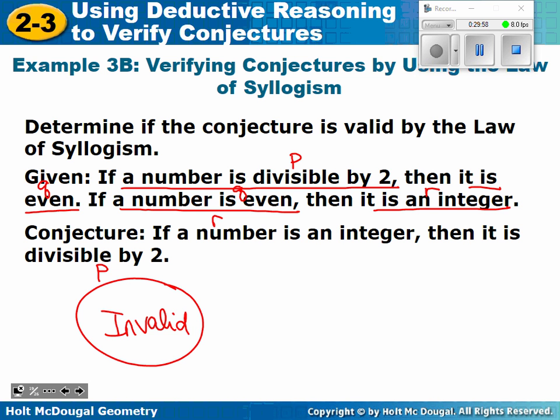Making sense? Sort of? Okay. Here's what I want to warn you about. They won't always line up your sentences where the Q's are side by side. Sometimes they do this. They say, if Q, then R. If P, then Q. So what you have to do when you read that is identify where the parts are that are the same, the Q, and then write your sentence the correct way.